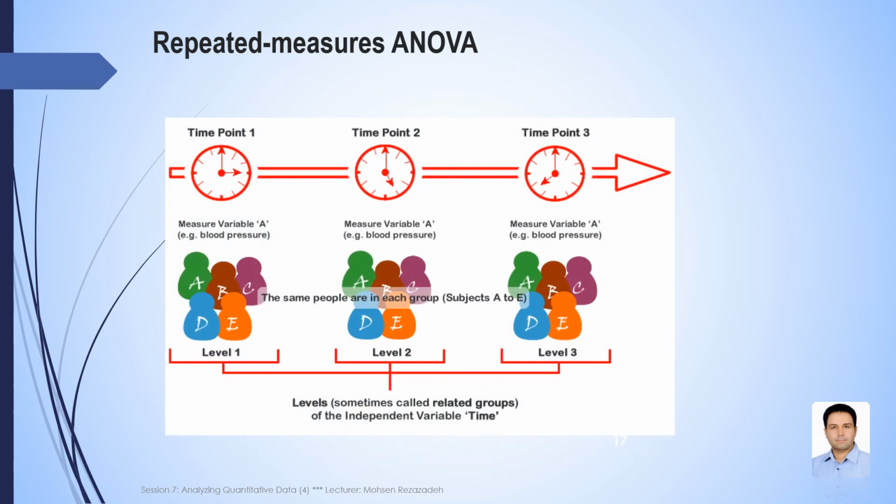We can analyze data using a repeated measures ANOVA for two types of study designs. Studies that investigate either changes in mean scores over 3 or more time points, or, second type, study designs that investigate differences in mean scores under 3 or more different conditions. In this slide, I show you one study design, and in the following slide, the next design.